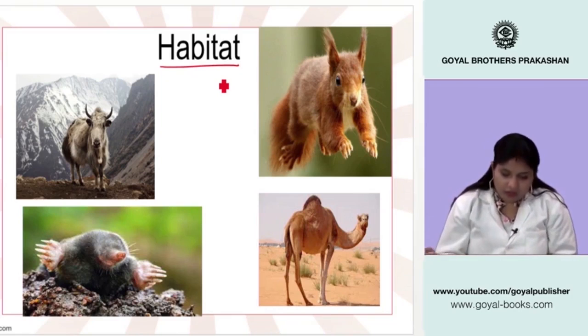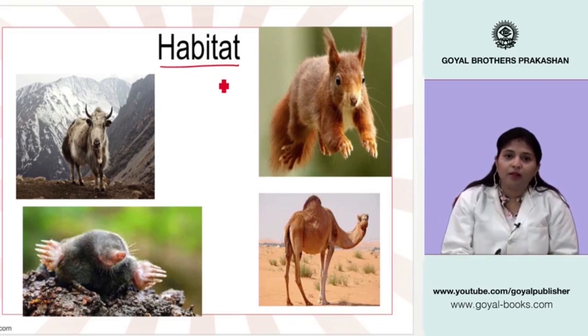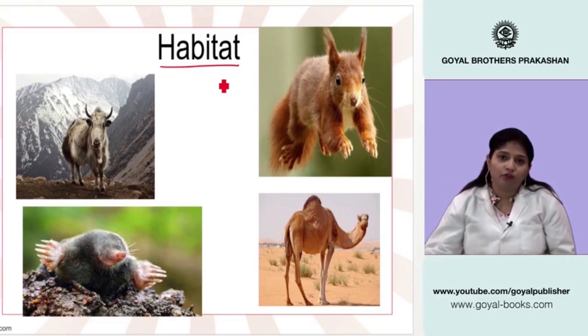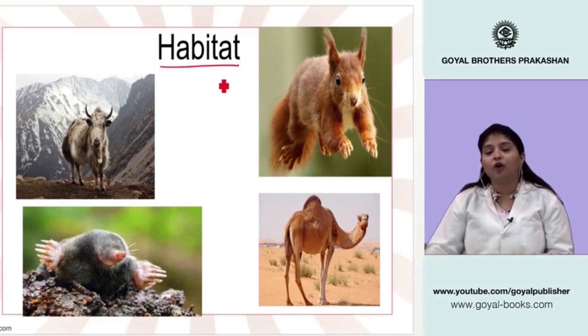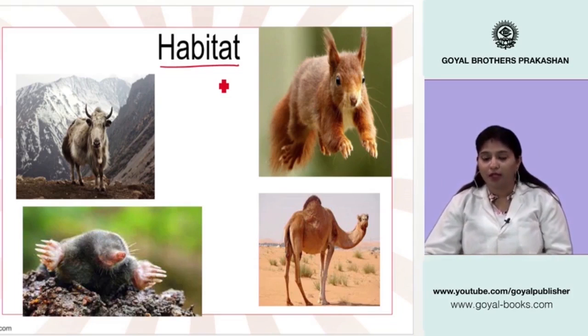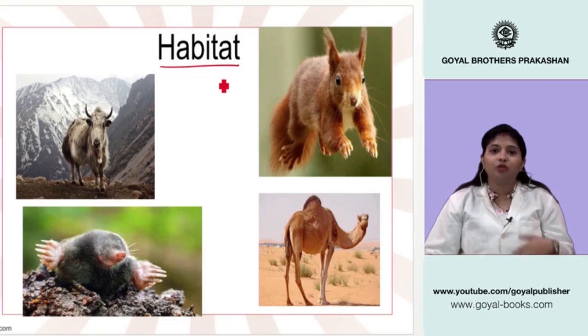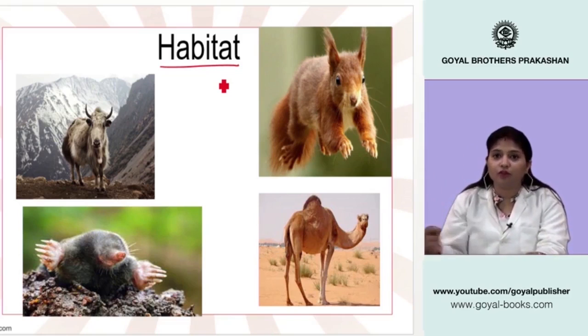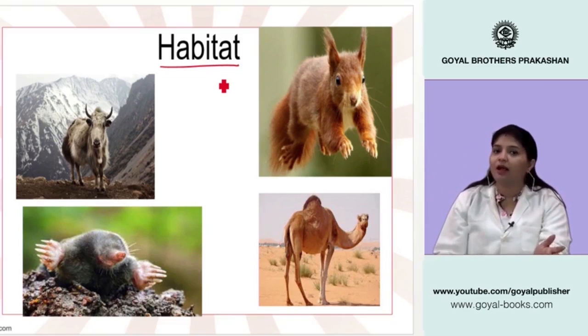So organisms which exist in desert, in mountains, and on the trees have different kinds of changes in their body. For example, if we talk about giraffes, we know that giraffes are present in the forest and they eat from the trees. So they will not be found in the grasslands, right?